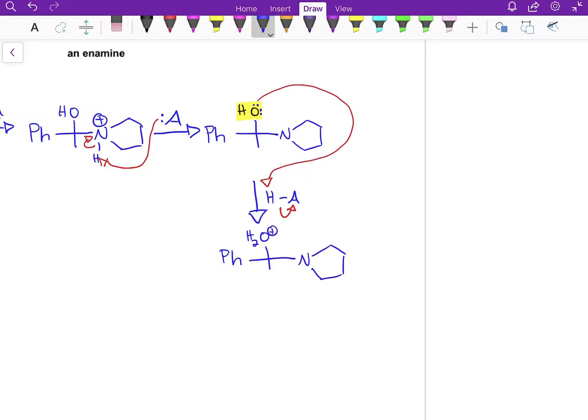And then this is positively charged. So you're going to have a lone pair here that I didn't draw before, but now it's going to be important, so it's necessary to draw them in. So this is going to be a good leaving group. So this is going to come and form a double bond, kicking water out.